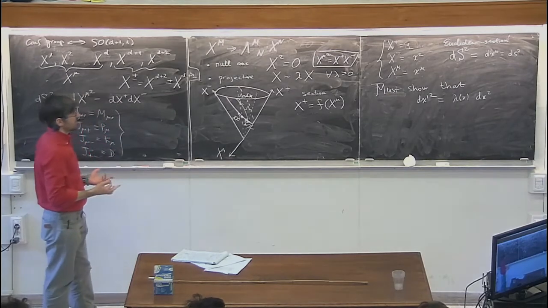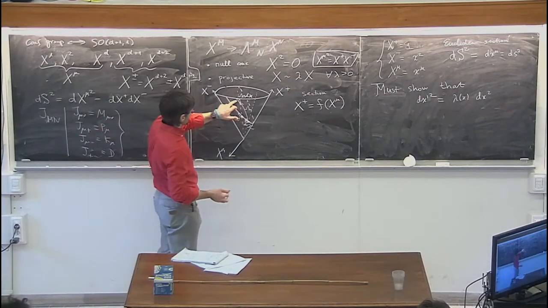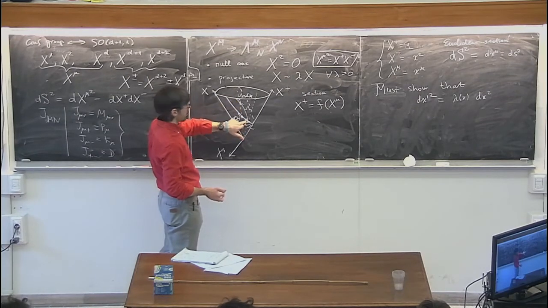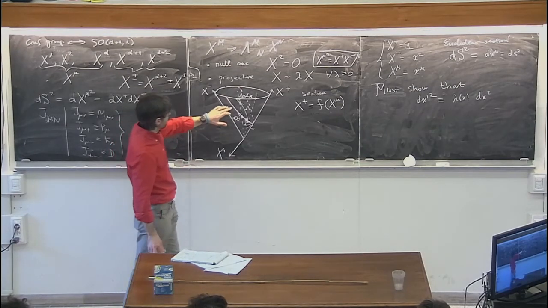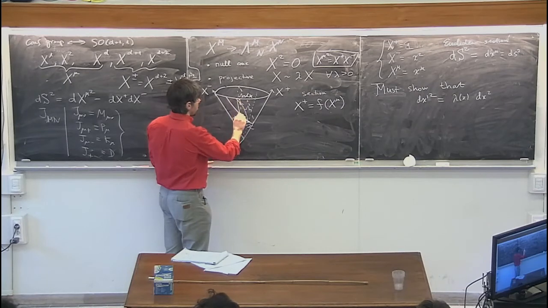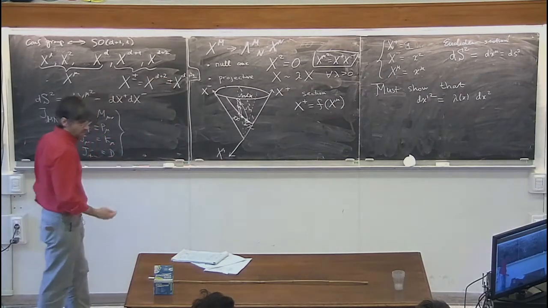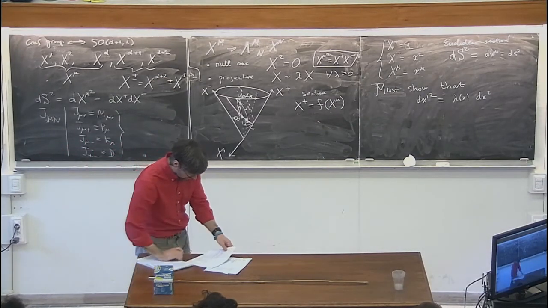Since lambda is a Lorentz transformation, this interval has precisely the same length as the initial interval. While what I'm doing here is just a rescaling of points along the direction. So let me write it down in equations.